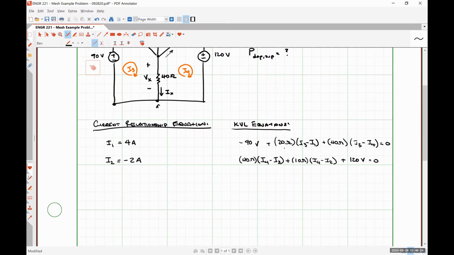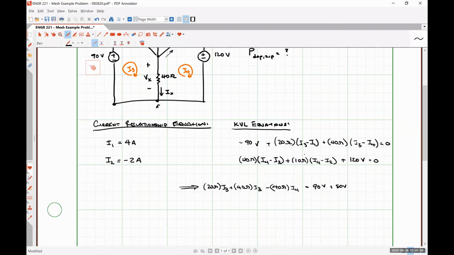So let's see, I'm going to have my first equation. I'm going to have 20 I3 plus 40 ohms I3 minus 40 ohms I4 is equal to 90 volts plus 20 ohms times 4 amps is 80 volts.